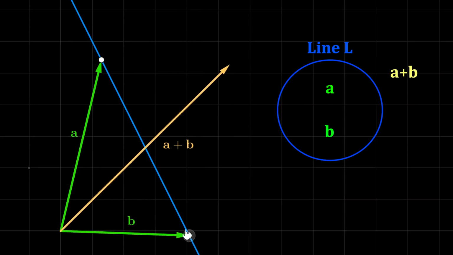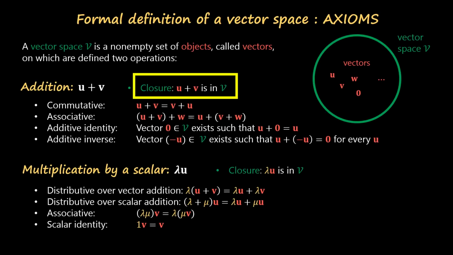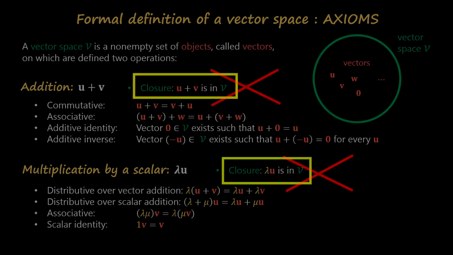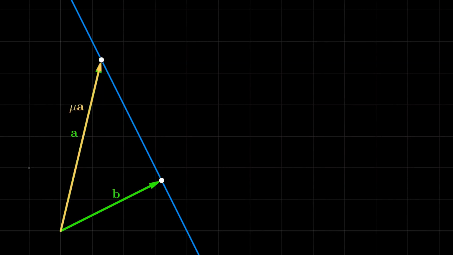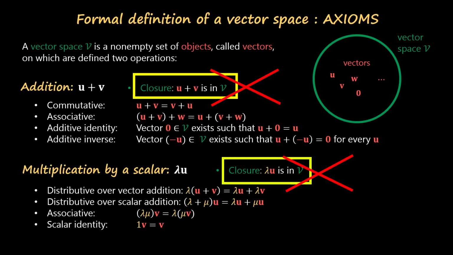So it should be a vector in the same line as A and B. However, A plus B clearly falls outside of that line. Therefore, there is no closure under addition. The same happens for scalar multiplication. The axioms are not fulfilled, and so the line r0 plus lambda u is in general not a vector space.